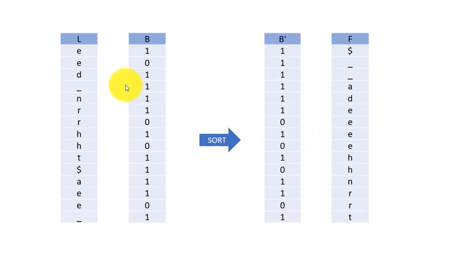So B corresponds to L, B prime corresponds to F. As you can see here, the B is a new character, so 1, new character 1, new character 1, because even though this is connected, in the last column it's not consecutive. So it should be 1 and 1, right?